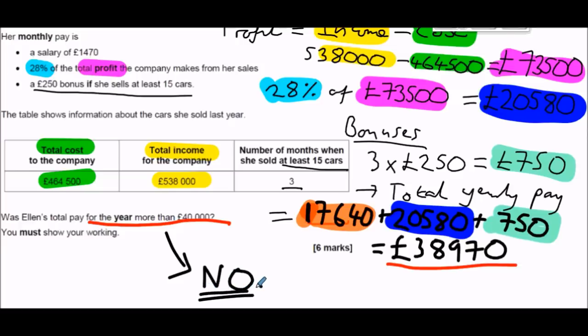You can't just guess yes or no and get 6 marks. That would be great if you could, but that would be just too easy. So it has to be based on each step of the working. So just take it one step at a time, work out what you can, see what new information you can generate from the information you're already given, and get as many marks as you can, and finally conclude with a yes or no. In this case, it's a no.